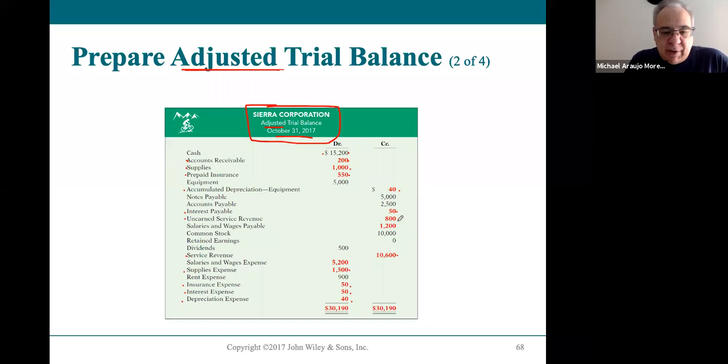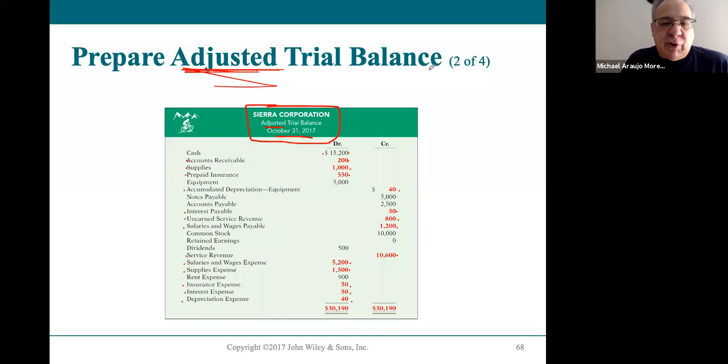So we debited the unearned service revenue and we credited the service revenue account, showing that we've earned it, okay? The next account is salaries and wages payable. Why is that there? Because we had to adjust our salaries and wages expense, but we're going to pay it later. So all of the accounts that have the balances in red numbers are the accounts that were affected by the adjustment process.